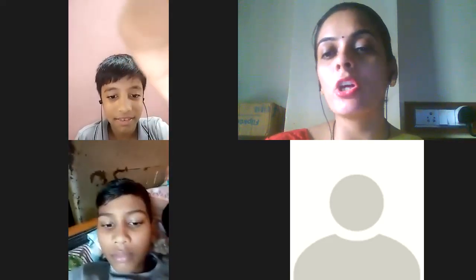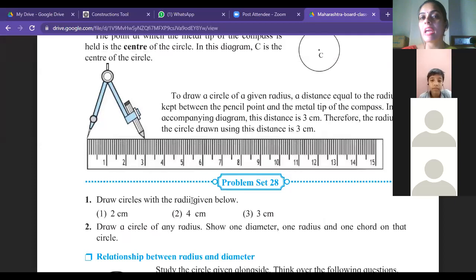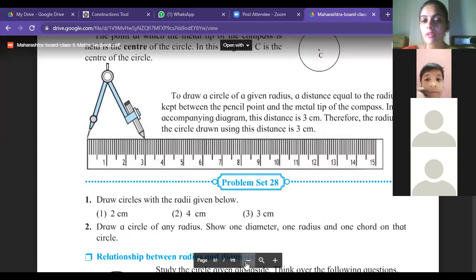Now let's see what is given in your textbook. Okay. So same here, what is given here? Radii. Radii means radius only. Draw a circle of any radius. What you have to do? Draw any circle and show one diameter. Just now we have seen what is called diameter.